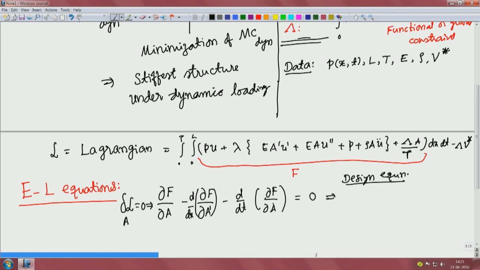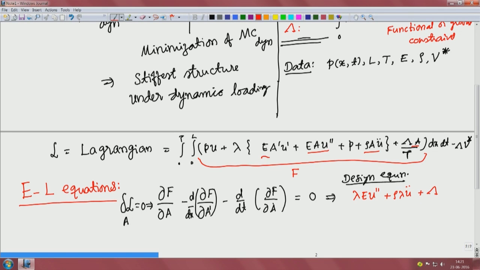In this case, wherever A is in, let me just underline, A is here, and then A is also here. So, I can write this equation, dou f by dou A, as lambda E u double prime, and we have rho lambda u double dot plus capital Lambda, all this is for A, minus dou f by dou A prime.